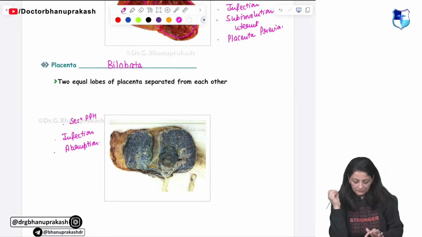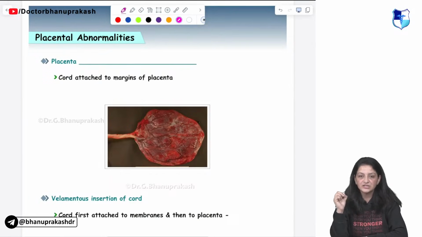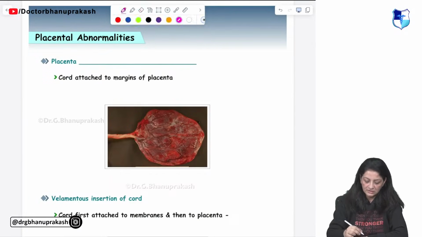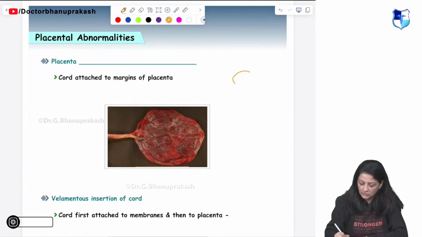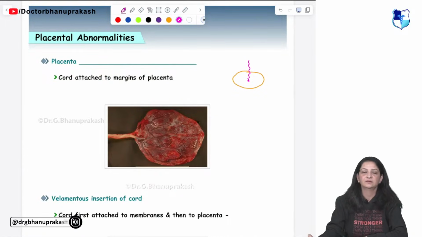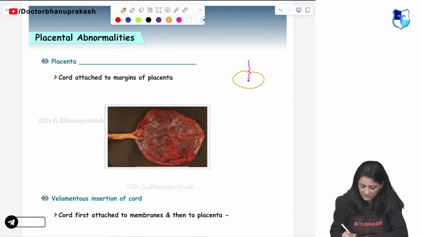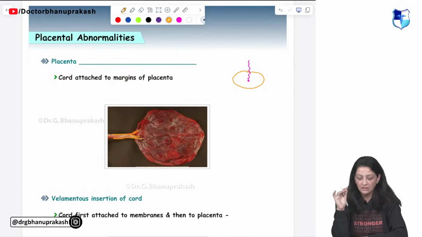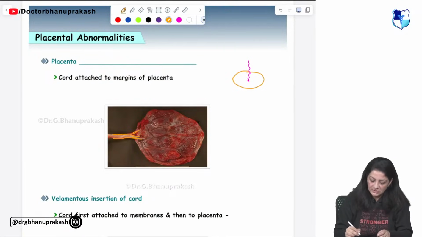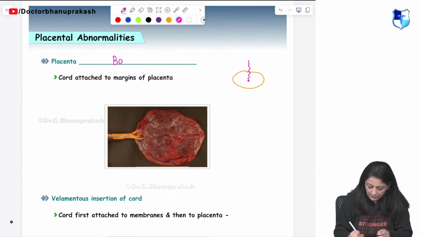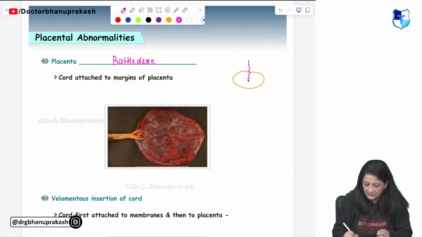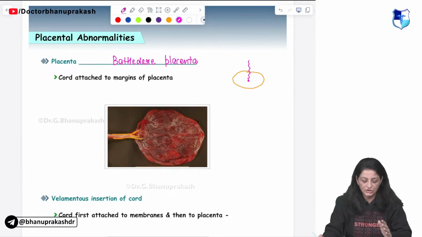Okay. Now, cord attached to the margin of the placenta. Normally the cord is attached at the center of the placenta. But in this image, the cord is attached at the margin of the placenta. Lateral attachment of cord is called battledore placenta, marginal or lateral insertion of cord.